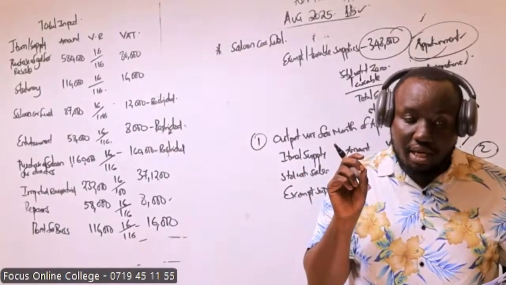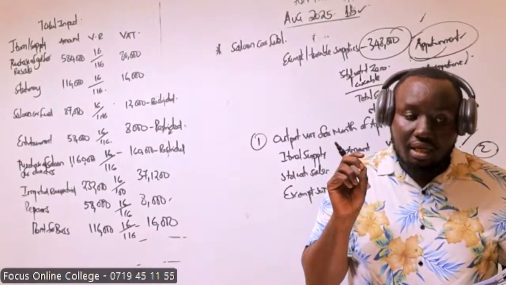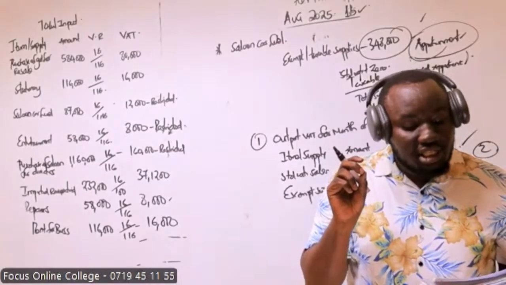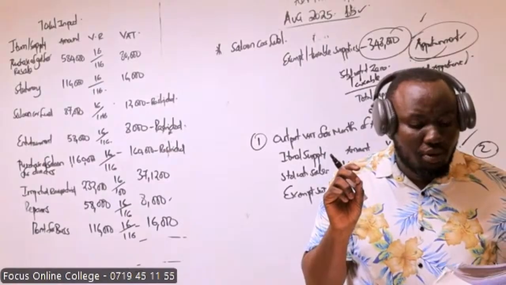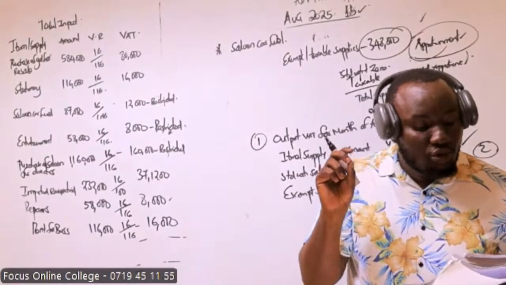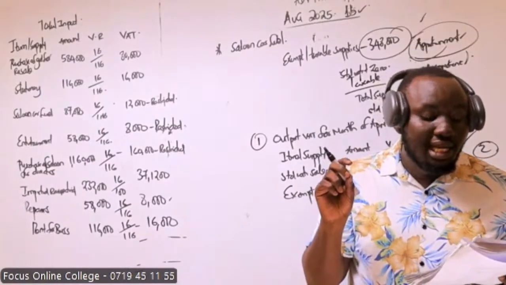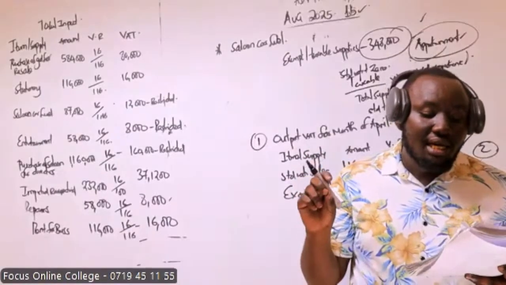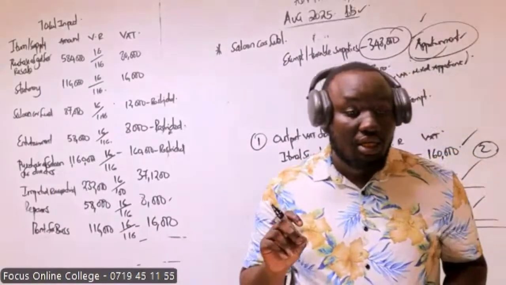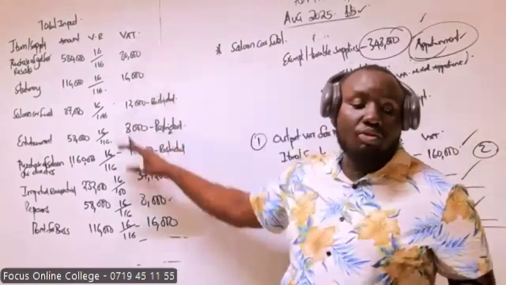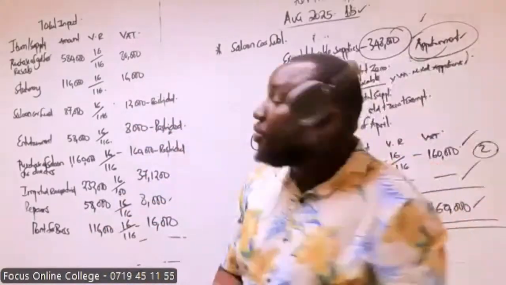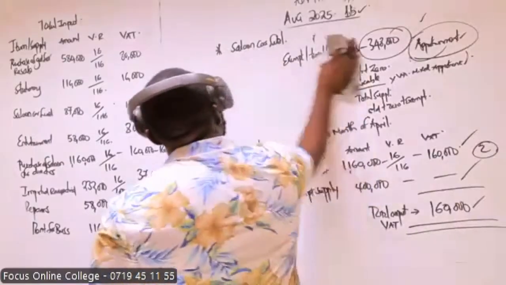The question: determine the total input incurred and identify which amounts are restricted under the VAT Act. So the question is total input, that's why we did this. Then from that, we can now get the restricted.